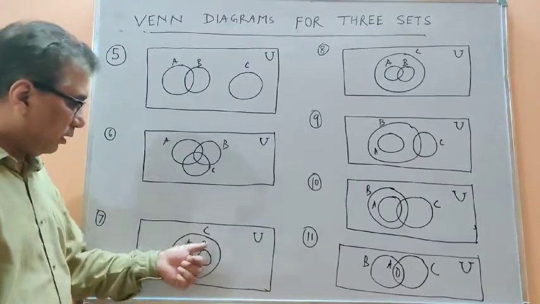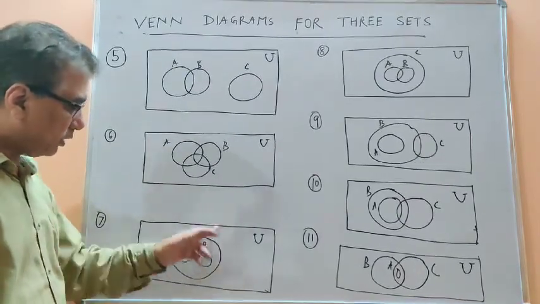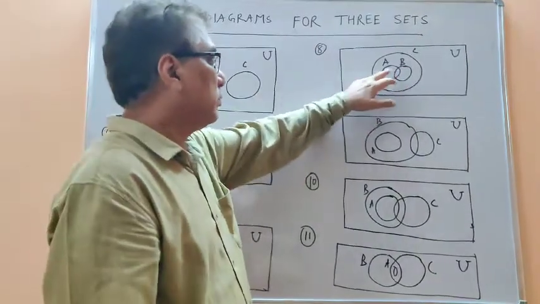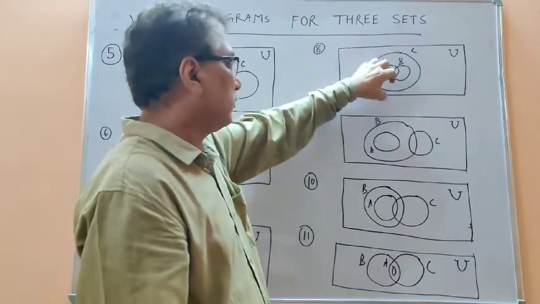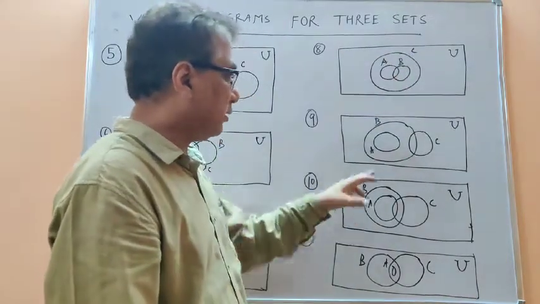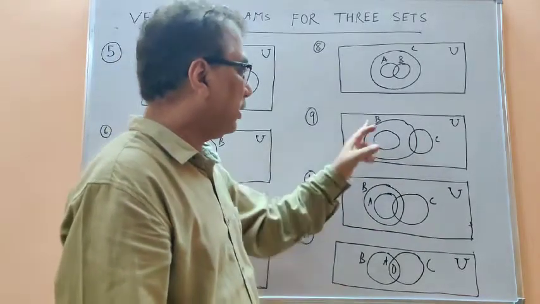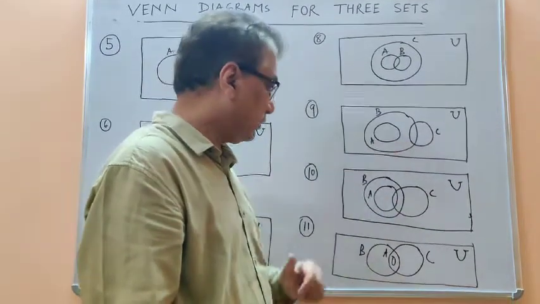Seventh, both these sets have nothing common between them, but both are contained in C, so that is another one. And suppose something is common between A and B, and both are subsets of C, then this is another representation. Similarly here, A is a subset of B, some part of B is common with C, but nothing is common between C and A, this is the next one.